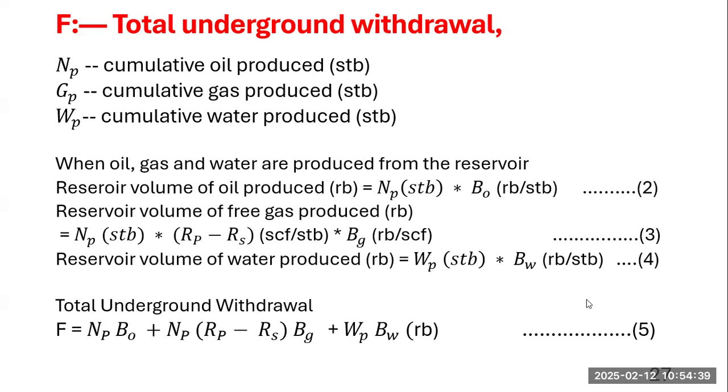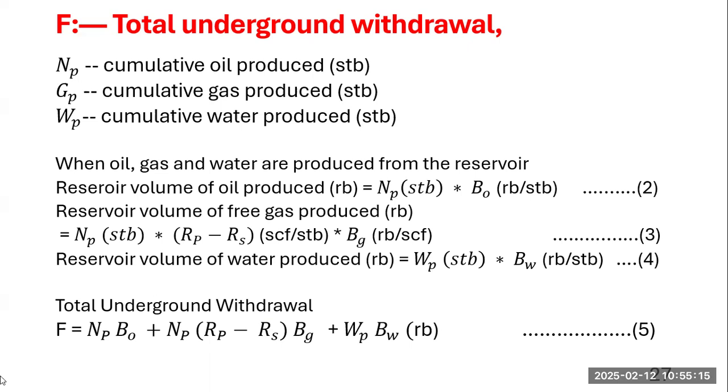So what is our F in essence? Our F, bringing all these three together, is our oil produced, plus our gas produced. You know why we are removing Rs? Because Rs is the solution gas still left in your oil, so we remove it from Rp, the gas produced, to give us the actual gas produced, gas oil ratio produced.